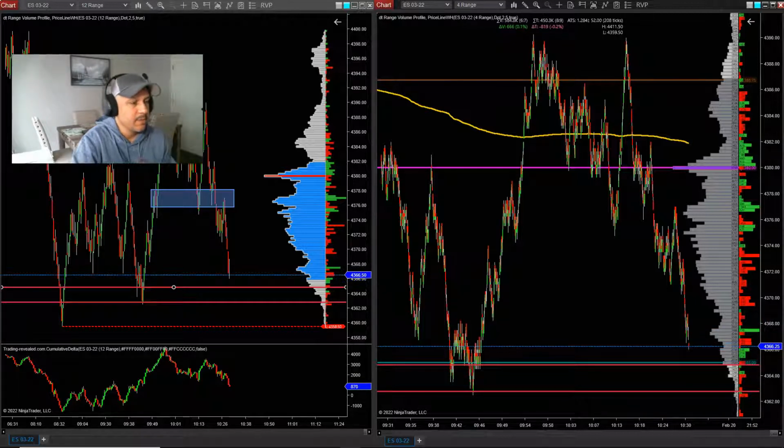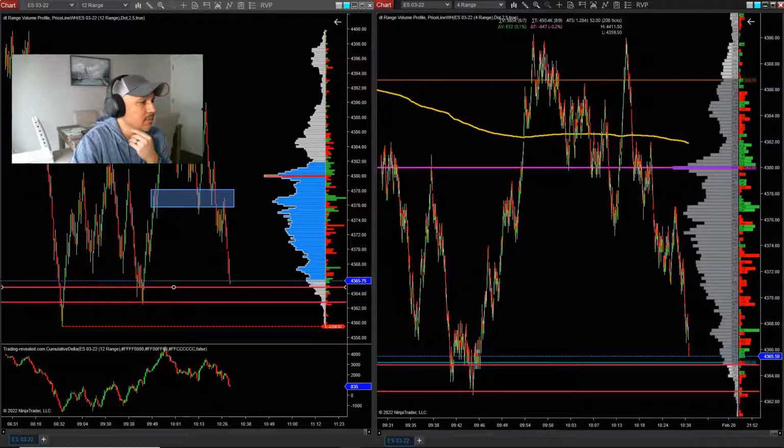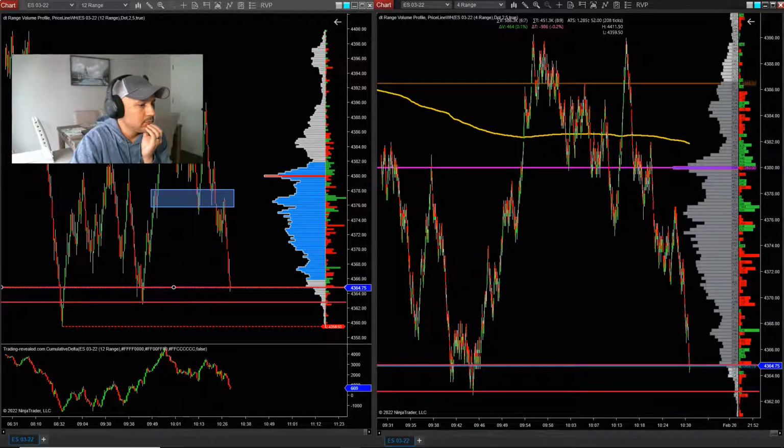Let's see what happens here. Let's see what happens in this area right here. Okay, price is still trying to push lower.